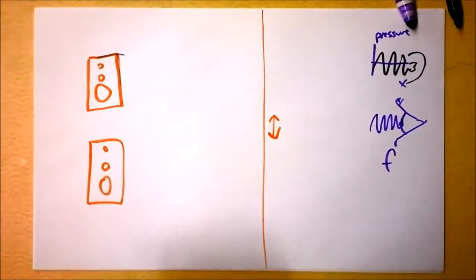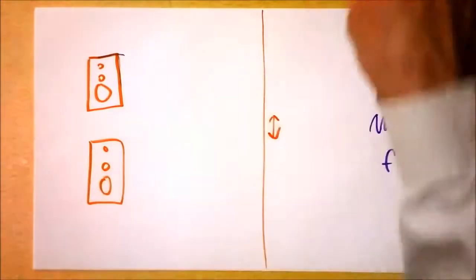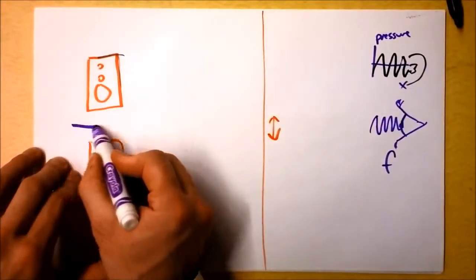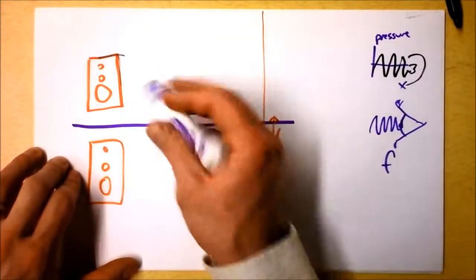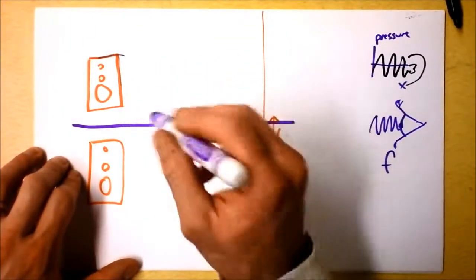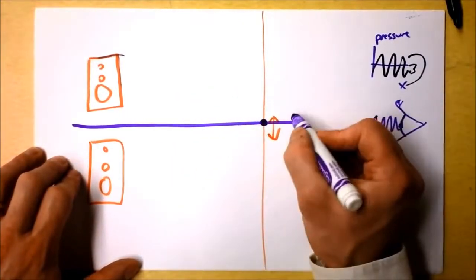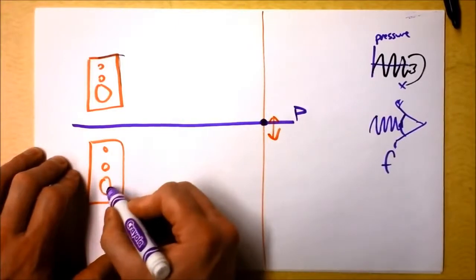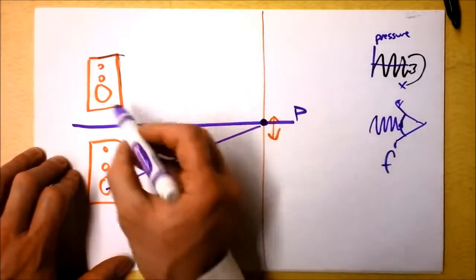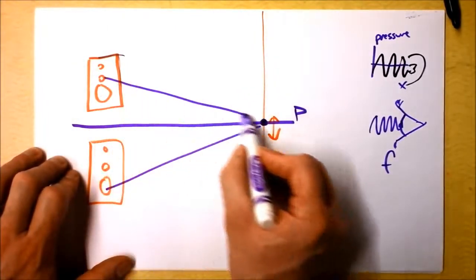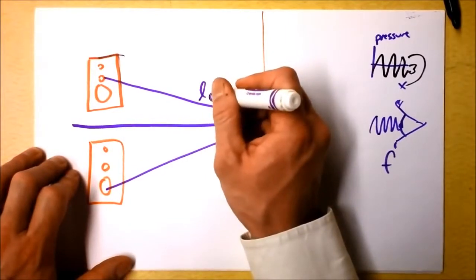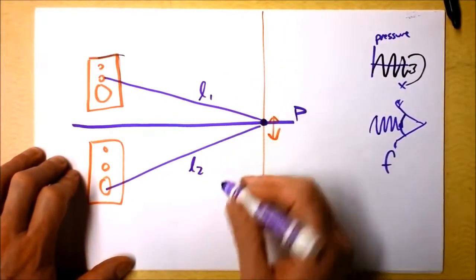And that sound, well, if I look at a line right here, I could walk up and down on this line, and of course, everybody who stands right smack in between these two speakers is going to have the same distance from one speaker as they are from the other speaker. So I can call this location here, let's call it P, and I'm going to say that the distance from one speaker and the distance from the other speaker, we're going to call these L1 and L2.